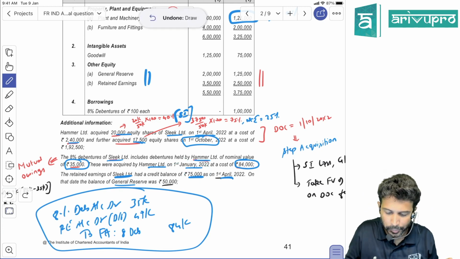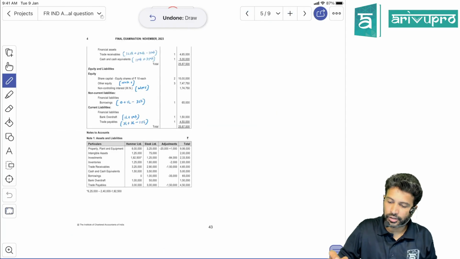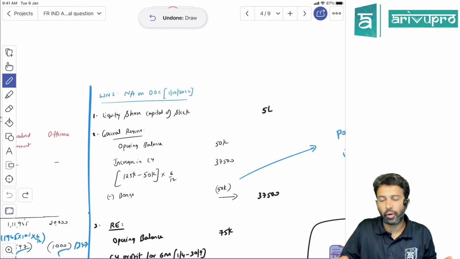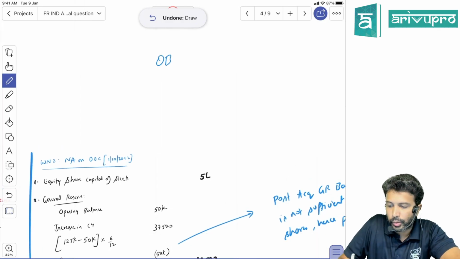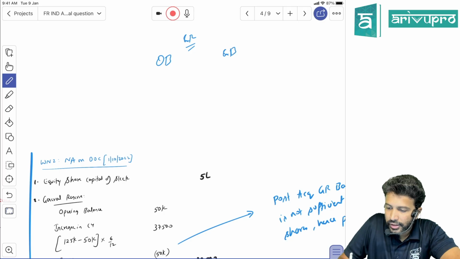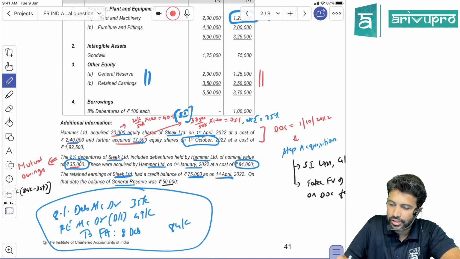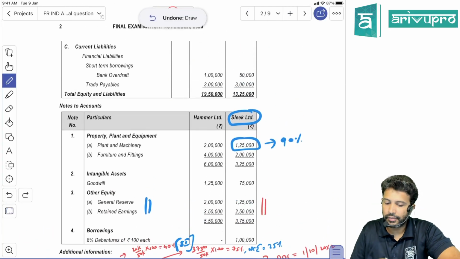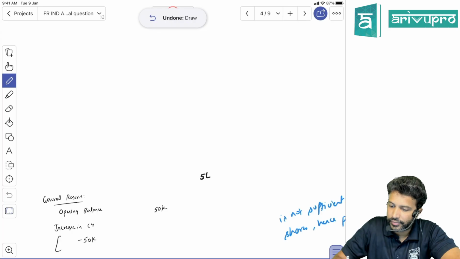First, we'll do general reserve. The opening balance of general reserve is 50,000 rupees. Now there's a small point with respect to general reserve, opening balance and closing balance. The opening balance given in the question is 50. The closing balance you will find in the balance sheet: the subsidiary company's general reserve is 1,25,000.